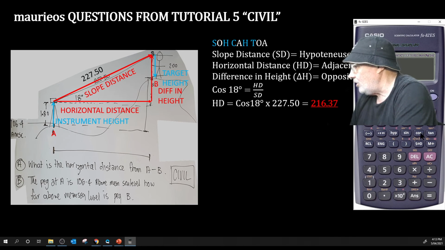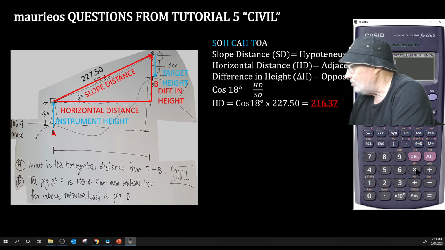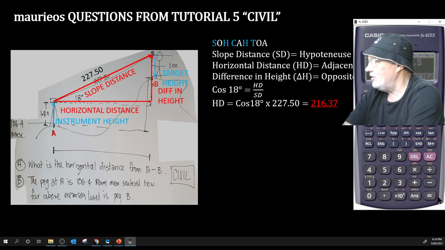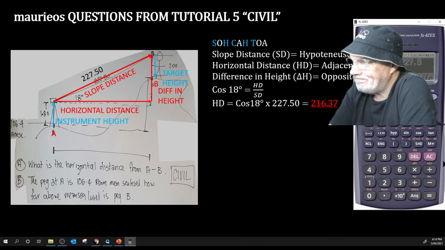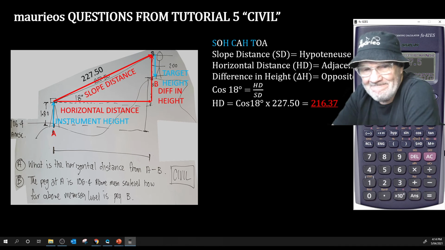So we just go cosine 18. Remember, you've got to be in degree mode. Don't forget to close the brackets, and then we multiply by 227.5 equals, and that's 216.37. The data is given to 2 decimal places, so I've rounded to 2 decimal places. 216.37.